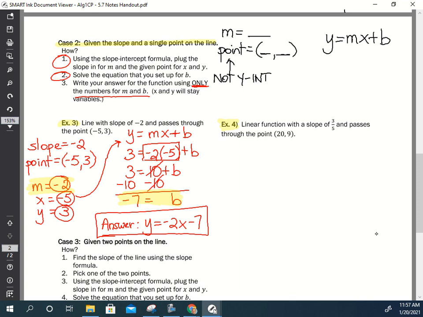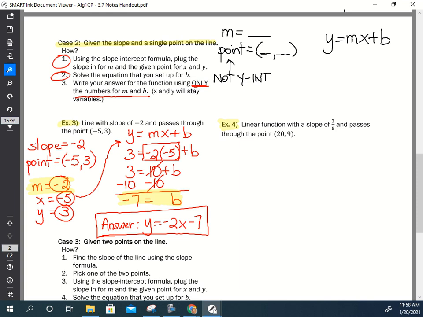So any other questions before we do example 4? All right, so let's do example 4.